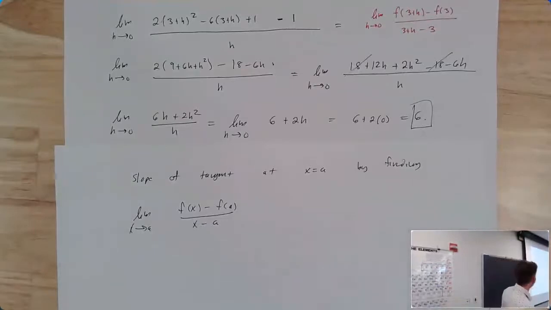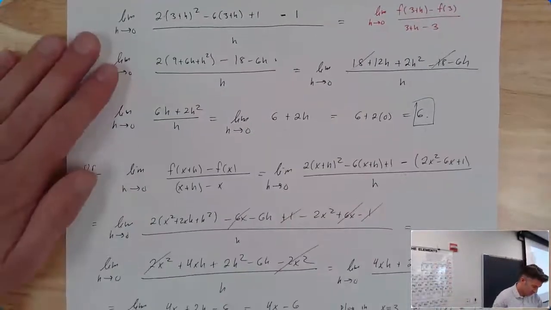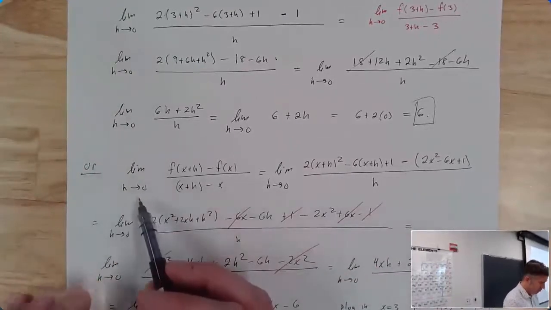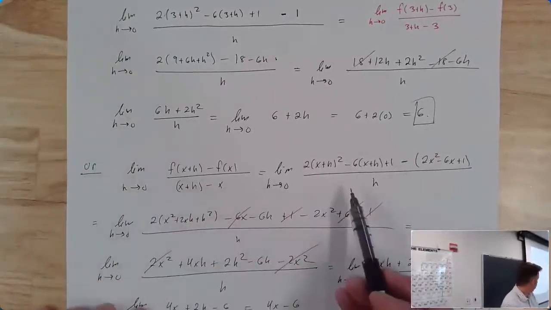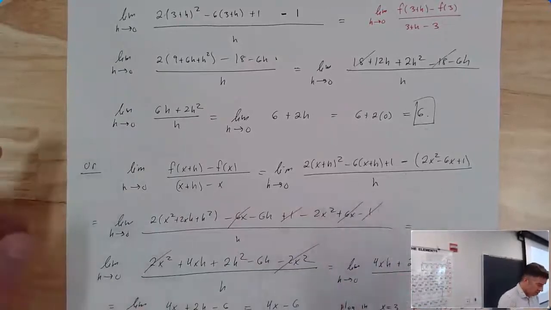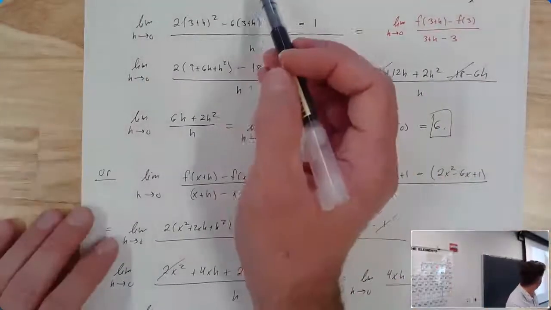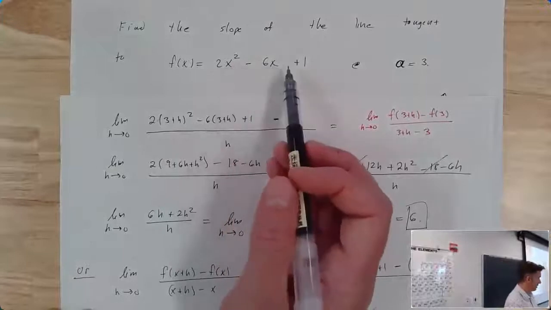I think I missed it, but how do you get from the limit as h approaches 0 for f of x to the next one? So those numbers came from the function that we're using. The function that we were talking about for this whole problem has been 2x squared minus 6x plus 1.